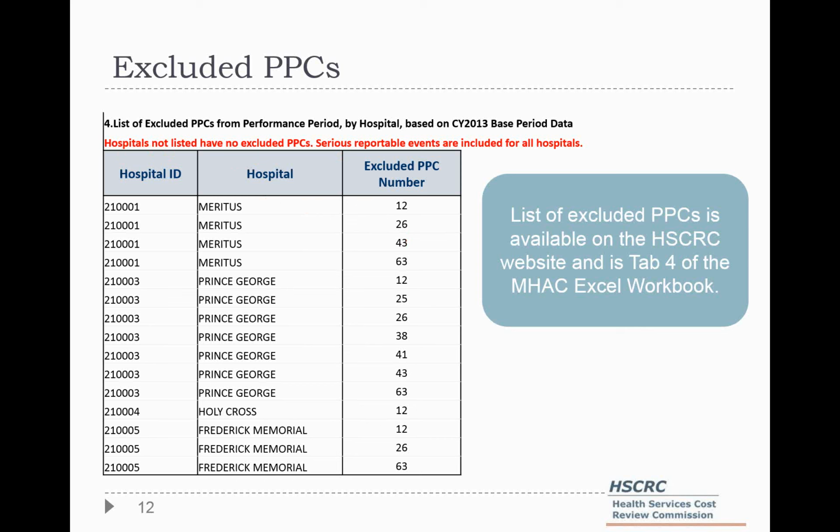I will note up here in red that hospitals that have no excluded PPCs aren't actually on the list. In addition, you will be able to see the number of PPCs excluded or included for each hospital in the Excel workbook as well. So you could look at it there to confirm that yes, indeed, I had all 65 PPCs included.